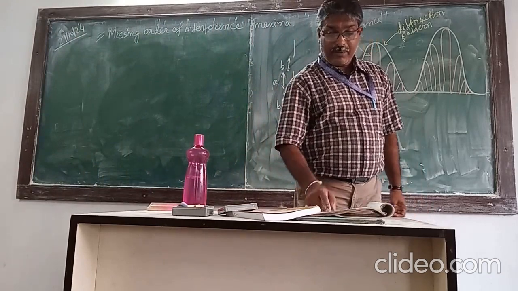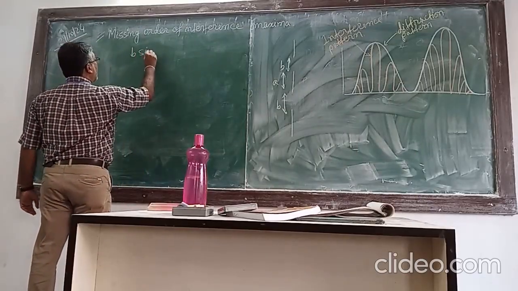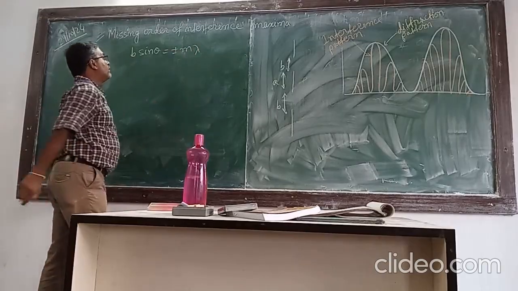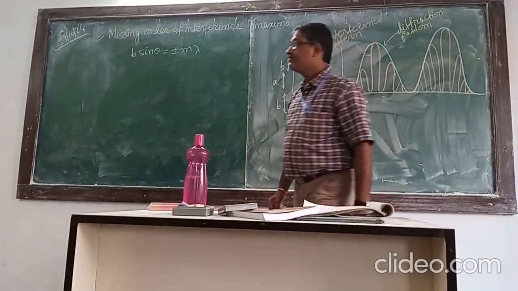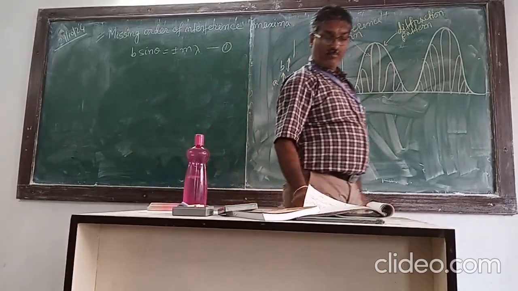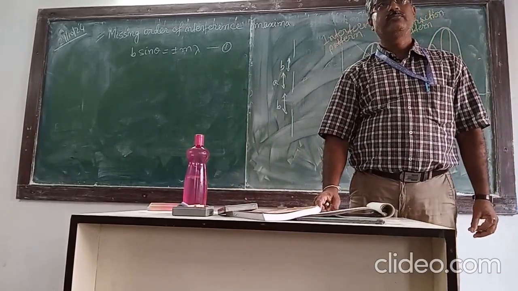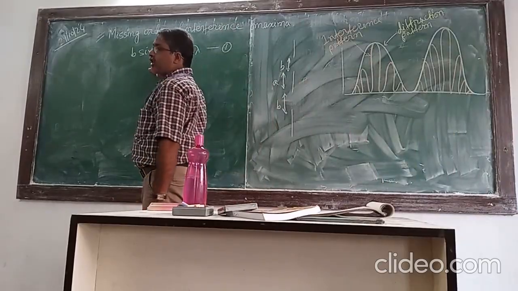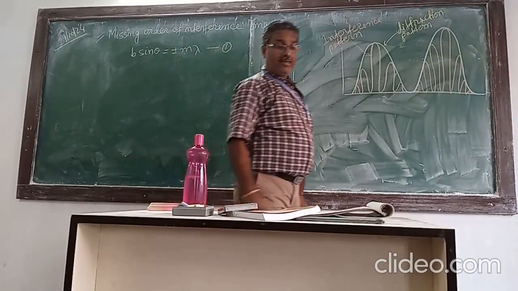Condition of diffraction minima: b sin theta equals plus or minus m lambda. Call this number 1. You can see that if b is constant, then theta is also constant. That means this condition remains the same.